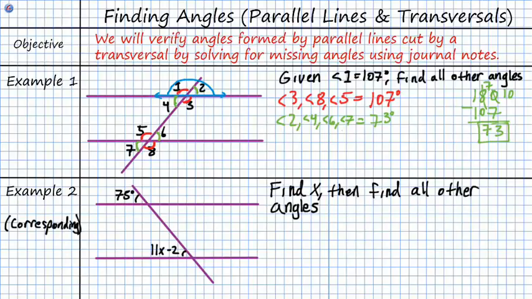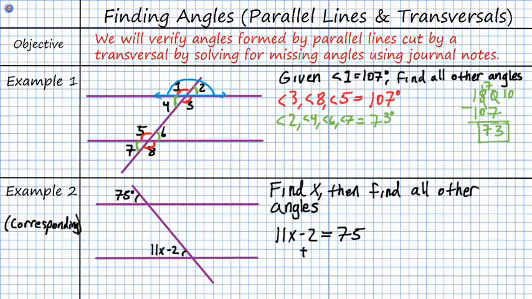So what do I know about corresponding angles? Well, I know that they are congruent. So these two angles have the same measure, so I can say 11x minus 2 is equal to 75, and now I simply need to solve for x.